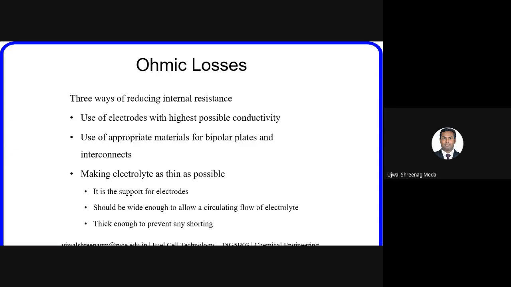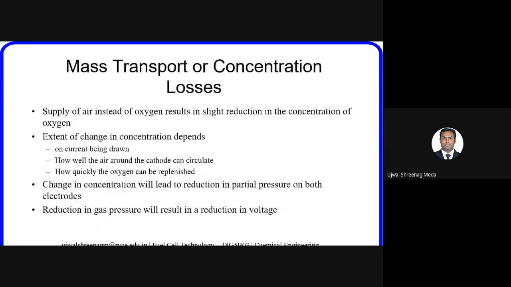So the next type of loss is mass transport or concentration loss. So here, as we know, the fuel is supplied at the anode and the oxidant is supplied at the cathode.